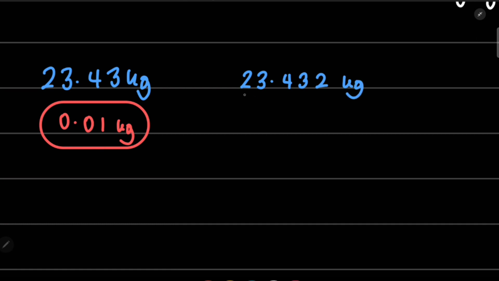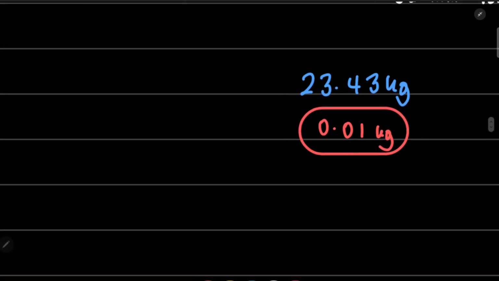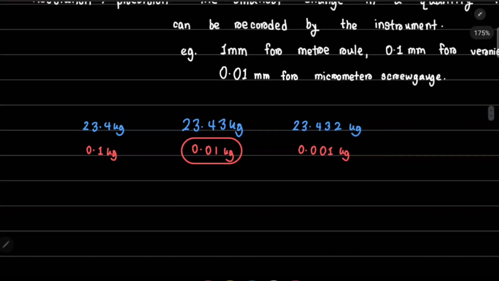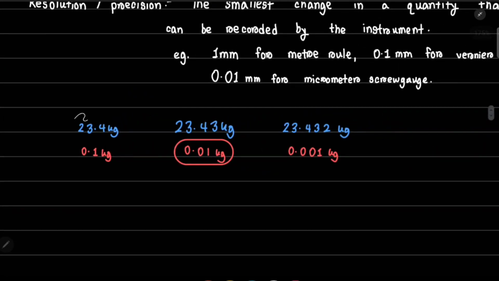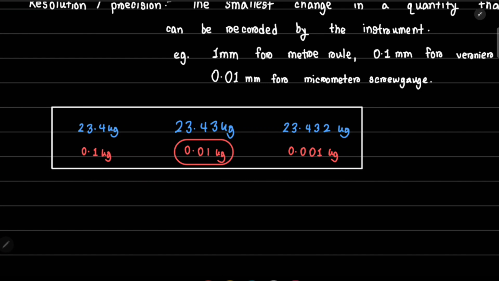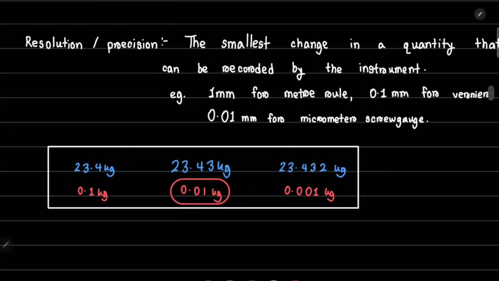In this case, the resolution or the precision would be 0.001 kg. If the instrument was slightly less accurate, you could also have 23.4 kg. So the resolution is even worse over here, it's 0.1 kg. So this is what you use if you don't know the resolution of the instrument from beforehand and you're just given the values. Now that was resolution and precision.